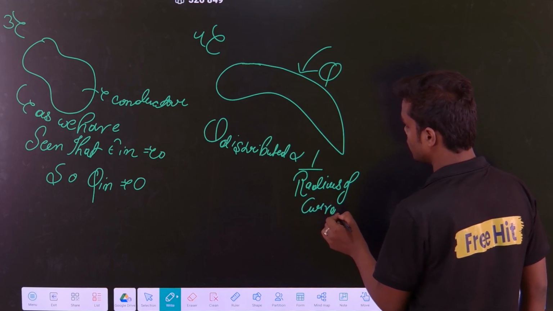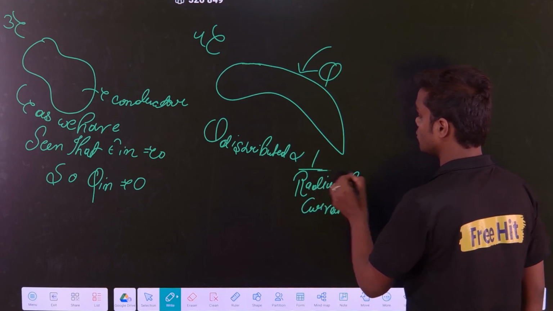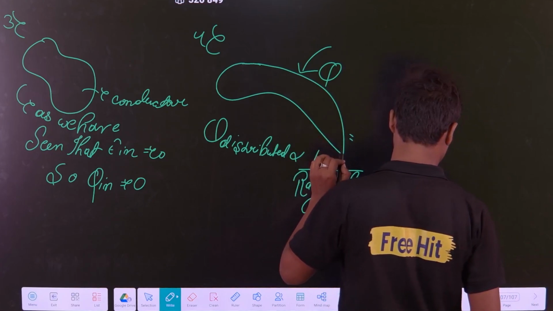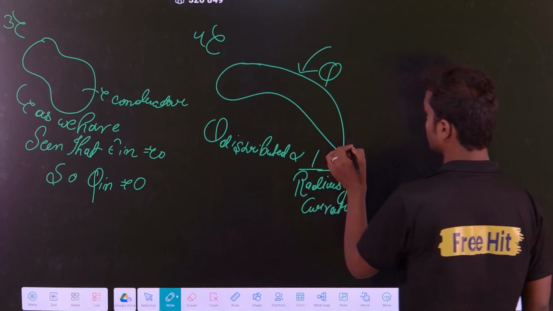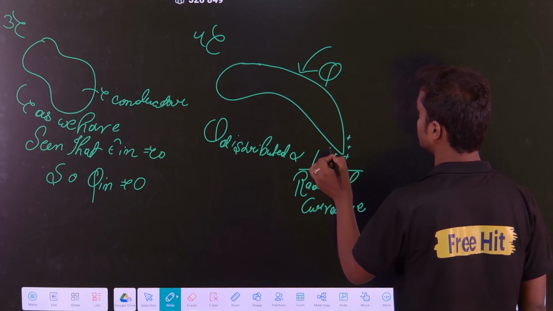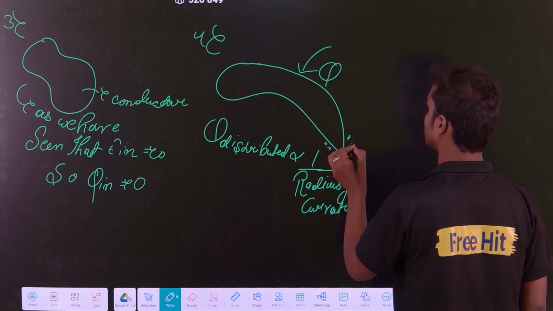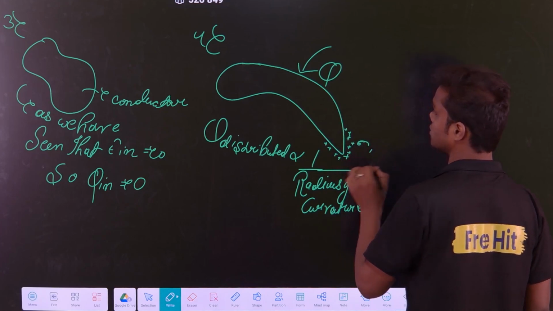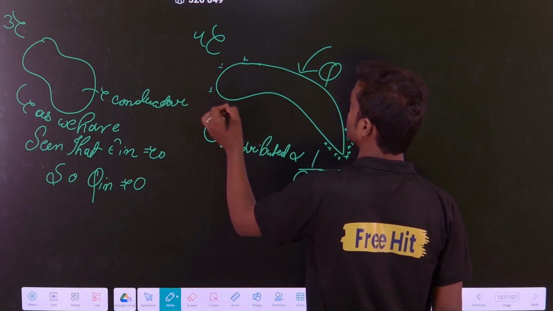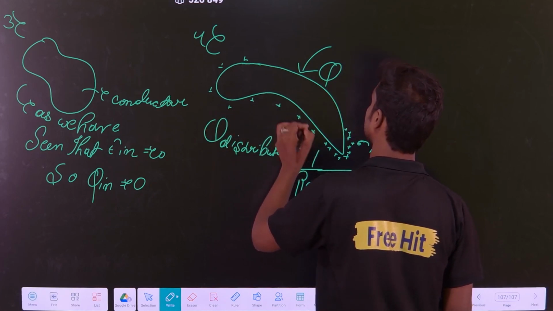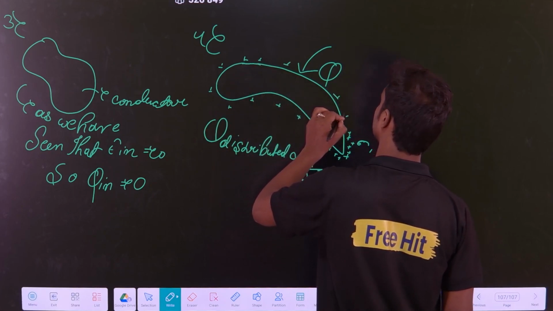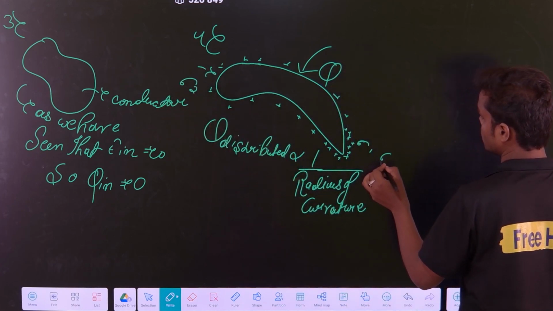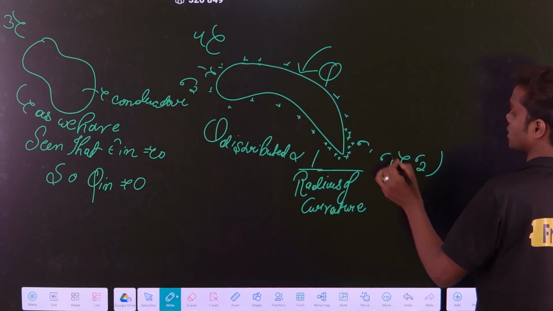Here the radius of curvature is less, so here the charge density is more, that is sigma 1. Here the radius of curvature is more, so the charge distributed is less, and the surface charge density is sigma 2. So sigma 1 will be more than sigma 2. That is the second thing.